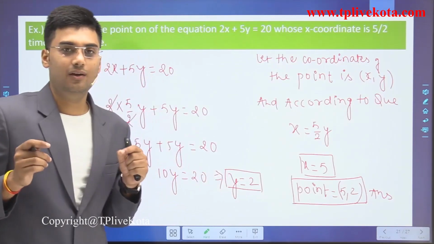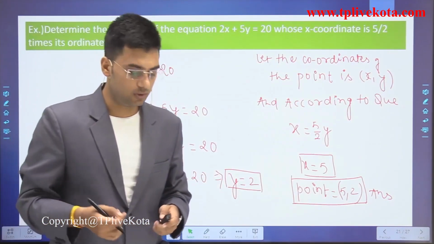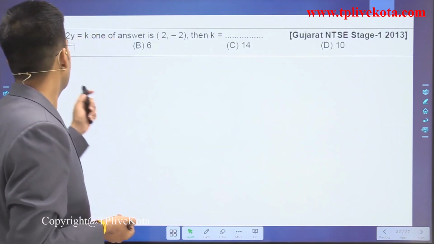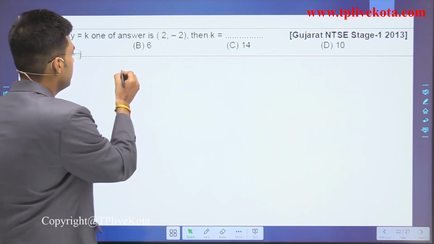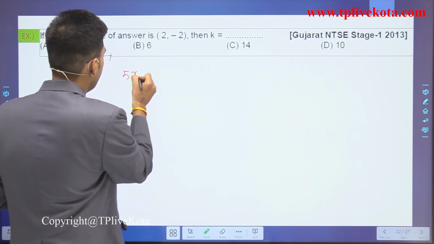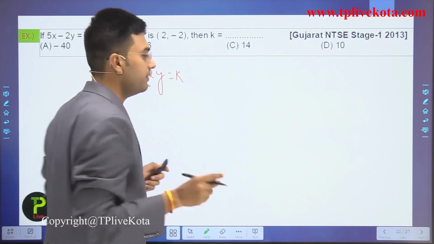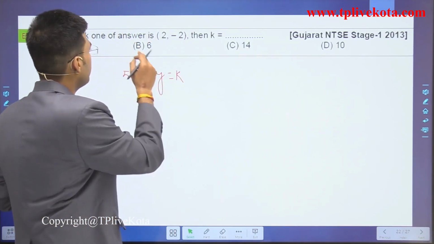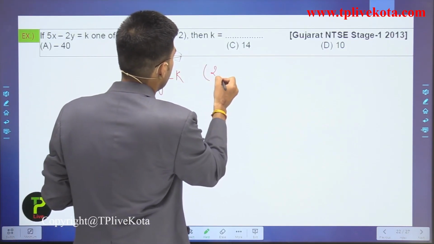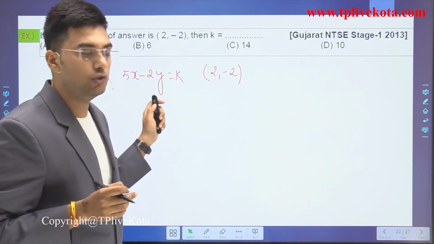Clear? Okay, now after this question, let's move to the next question, and the next is: if 5x minus 2y is equal to k, we have an equation 5x minus 2y is equal to k. One of the solutions is 2 comma minus 2. That means this 2 comma minus 2 is its solution.